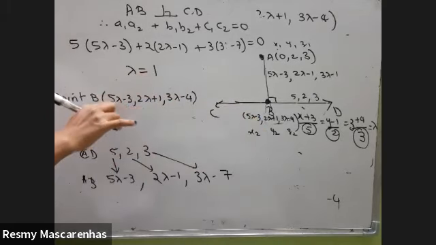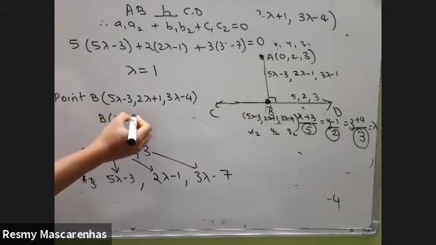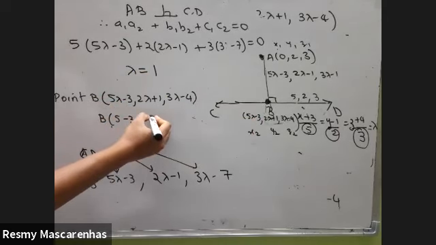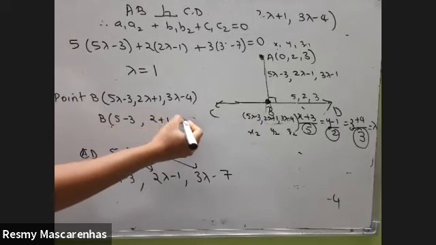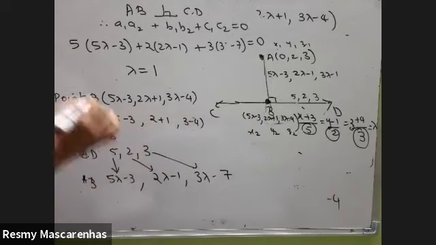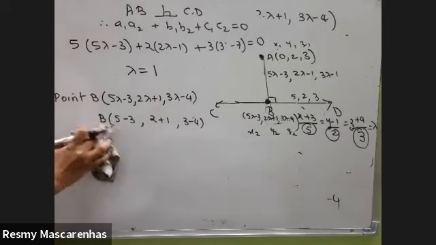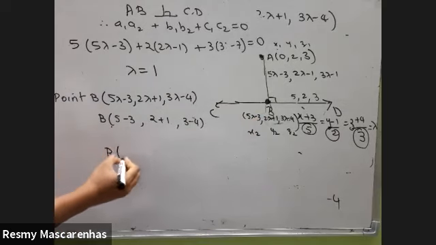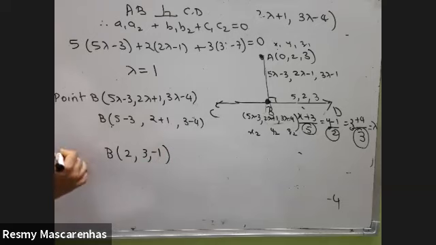So put the value of lambda here, you'll get the point. So you got the foot of the perpendicular. The first part is done.